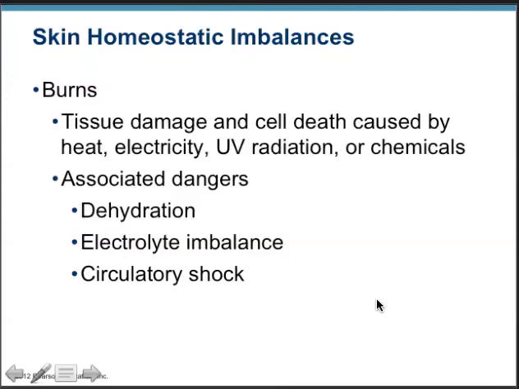When you have these burns that go below the stratum basale of the skin, it's very difficult for the skin to regrow. If we destroy that germinative layer, the best case scenario is that we leave the dermis intact and we're able to produce scar tissue in order to patch the injury.